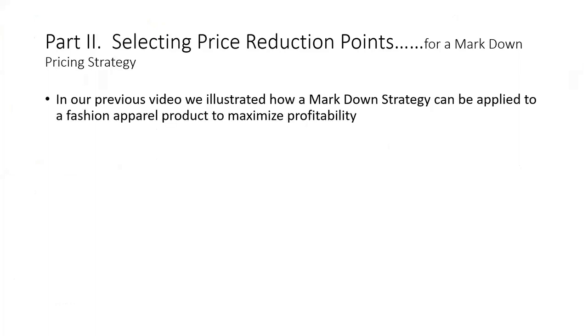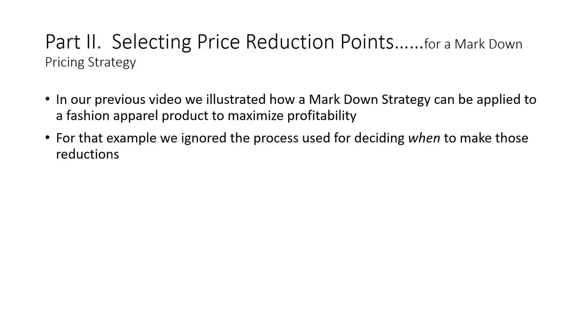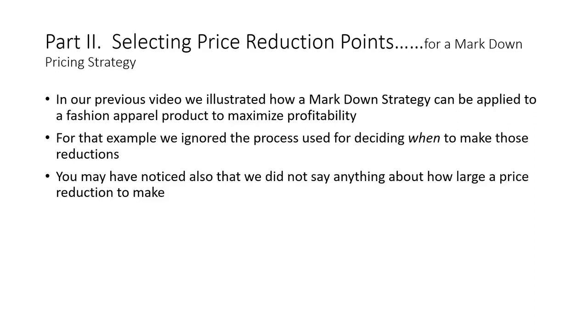Now, in the previous video, we illustrated with a fashion example how the markdown strategy works to maximize profitability. And for that example, we deliberately ignored the process that's used for deciding when to make the reductions from one pricing point to the next pricing point. We did that just to simplify the example and to emphasize how it goes about maximizing profitability.